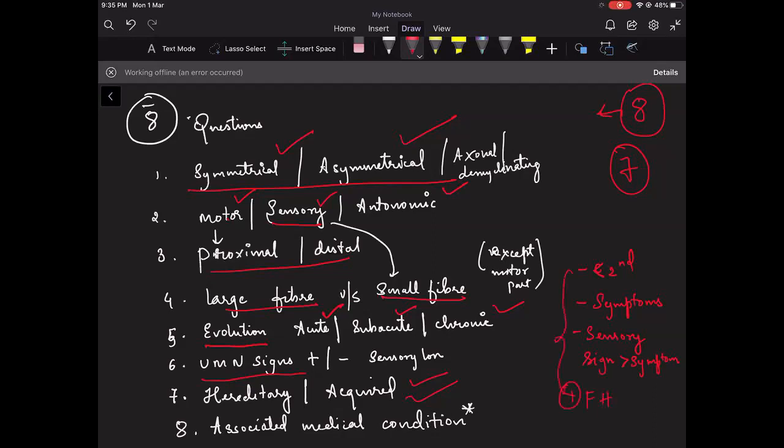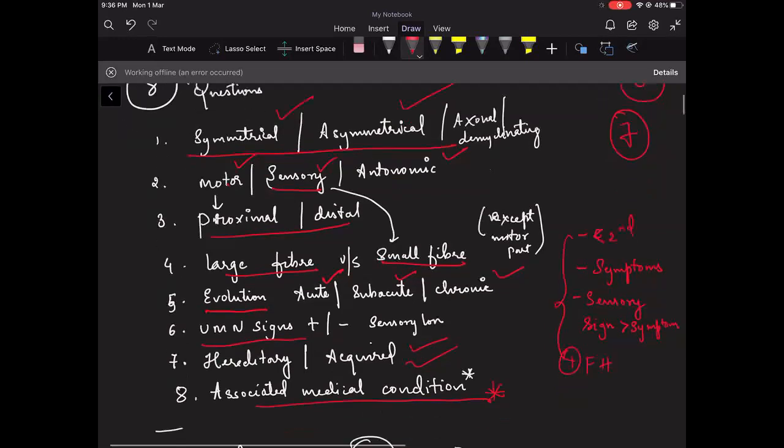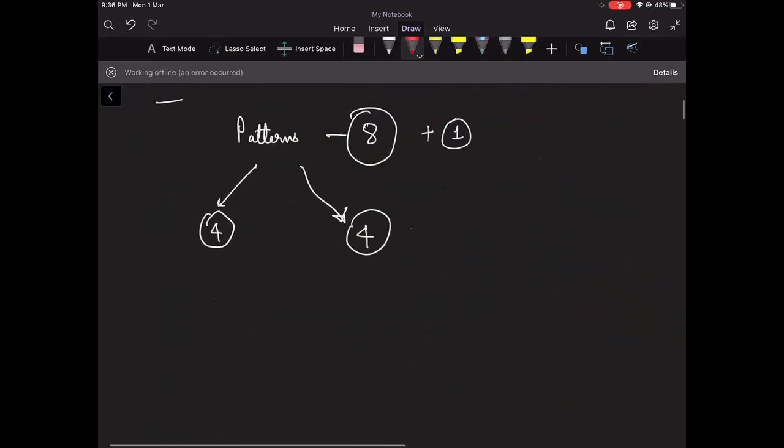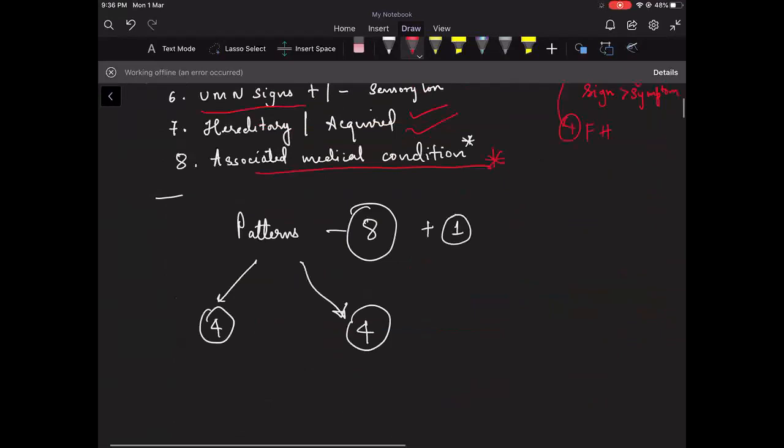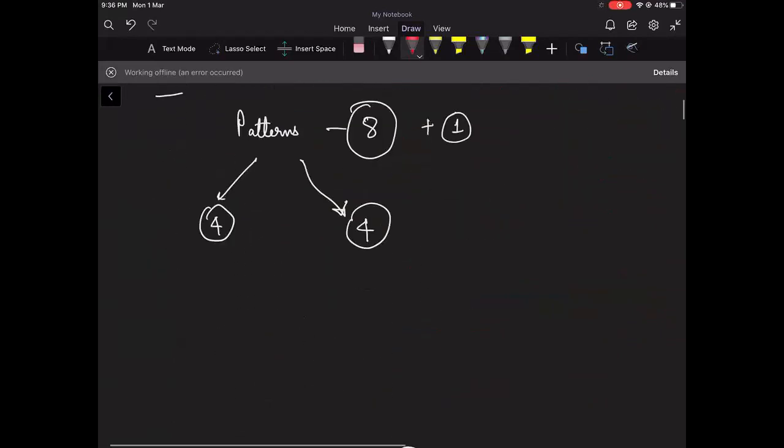All this will help us identify whether the patient has hereditary neuropathy or not. Associated findings we will study later, and the associated medical condition is very important. If the patient is already diabetic, we know that this has been the etiology. So after asking the 8 questions, Gagan, next we'll go to the patterns of the neuropathy.